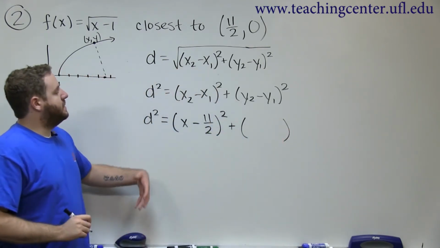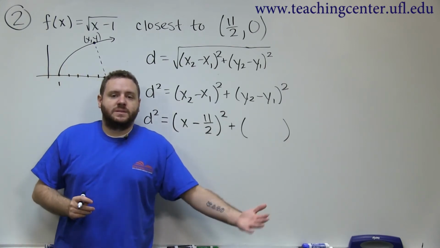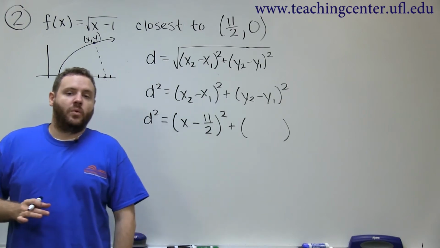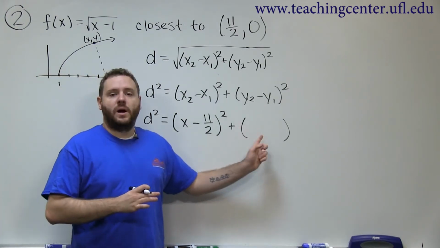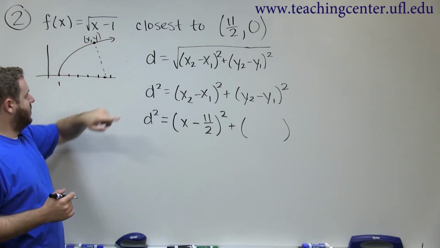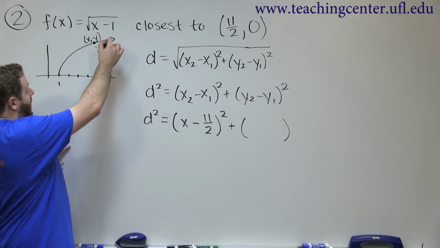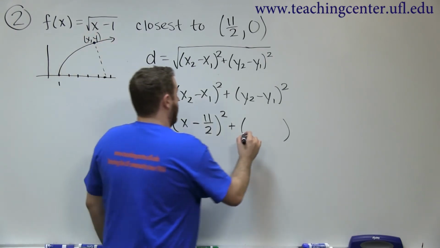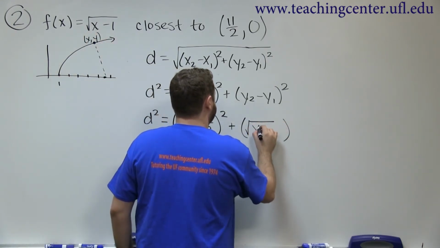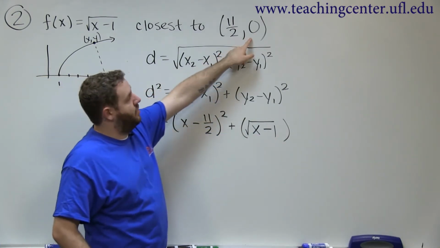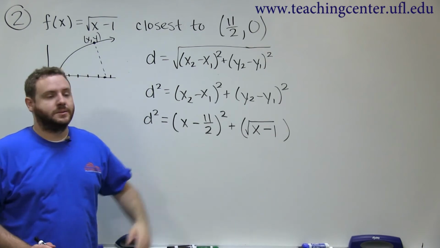Now remember, we're going to be taking the derivative of this and setting it equal to 0, and like in any optimization problem, you want your function to be in one variable. So we don't really want to put a y here. We don't have to because we know the function is root x minus 1. So x comma y is really just x comma root x minus 1. So that is our y. And I don't need to write anything else in there because the other y-coordinate is 0, so it's minus 0.